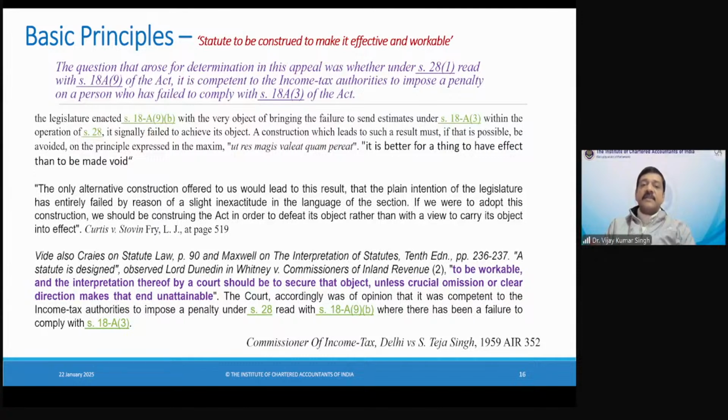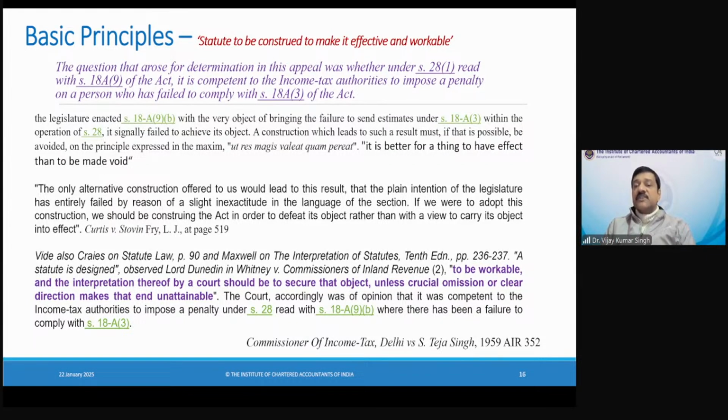Okay, and the court was interpreting this provision, whether not giving the estimate can be counted as a penalty or a violation. So here the court looked into this matter, and it said that the very object of bringing the failure to send estimates within the operation of section 28, that is the penalty provision, would fail to achieve its object.